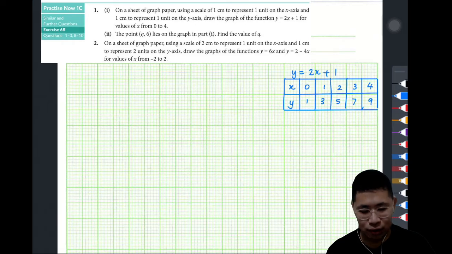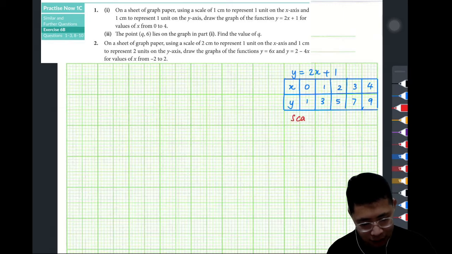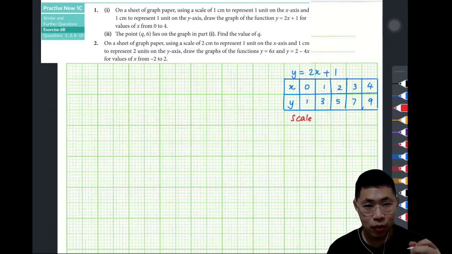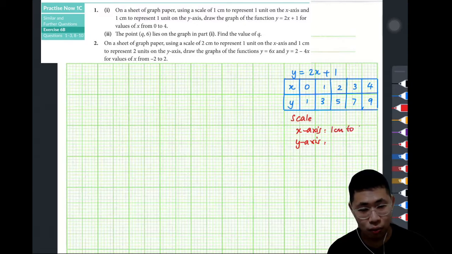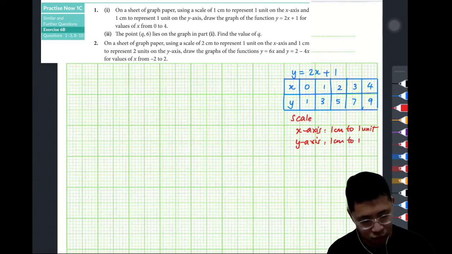The next thing to take note of is the scale. I'm going to write this in red color. We don't have to write it down, but I'm just writing it for my own reference. So for the scale, on our x-axis we have 1 cm to 1 unit, and our y-axis is also 1 cm to 1 unit.